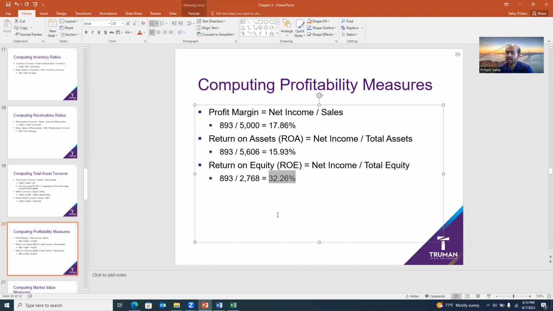Return on equity: by investing $100 in equity, the company is able to generate $32 of profit. So these are proxies that help you identify the profitability of the company, and it is always recommended: the higher the profit, the better the company is performing.